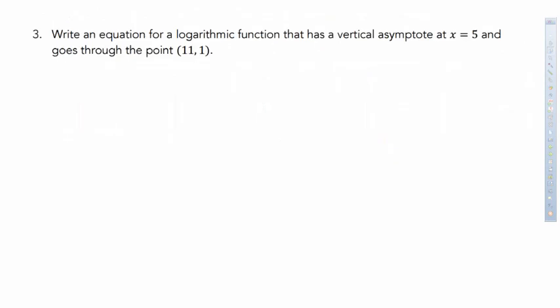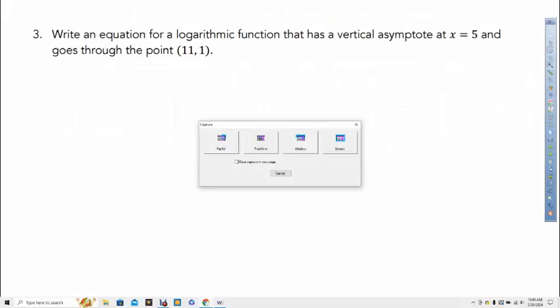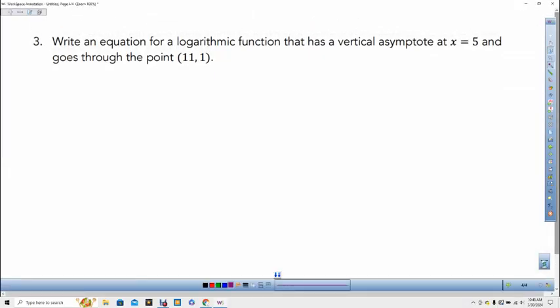All right, number 3, we're going to write an equation for a logarithmic function that has a vertical asymptote at x equals 5 and goes through the point (11, 1). So we're going to start off with writing our equation. y equals log base b, we don't know what the base is, of x, but we also know we have a vertical asymptote at x equals 5.